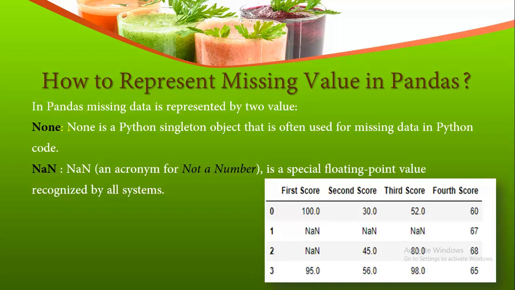NaN means not a number, a special floating point value. Remember it is a floating point value and recognized by all systems. You just see here NaN is used. It means the data is missing for that row, and here the data is missing for that row.